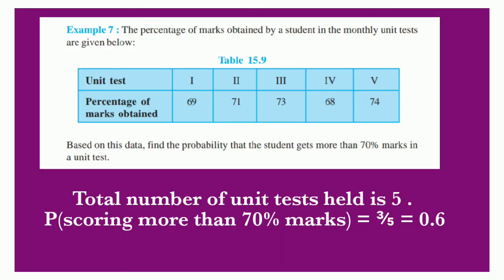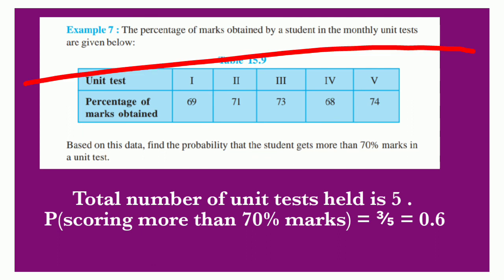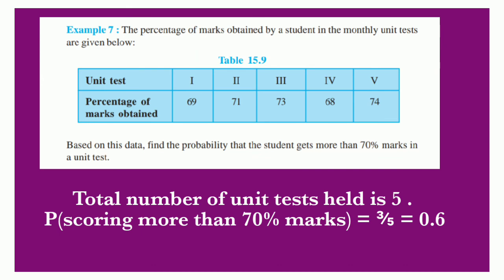The next question: the percentage of marks obtained by a student in the monthly unit tests are given below. Based on this data, find the probability that the student gets more than 70% marks in a unit test.